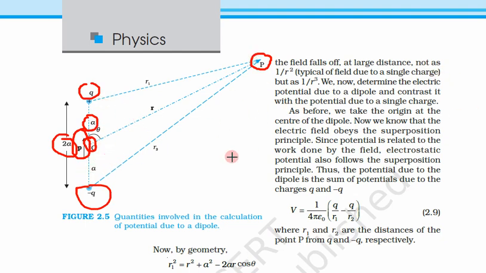So anyway, we need the electric field at point P, and from the middle point O, it has a distance r.